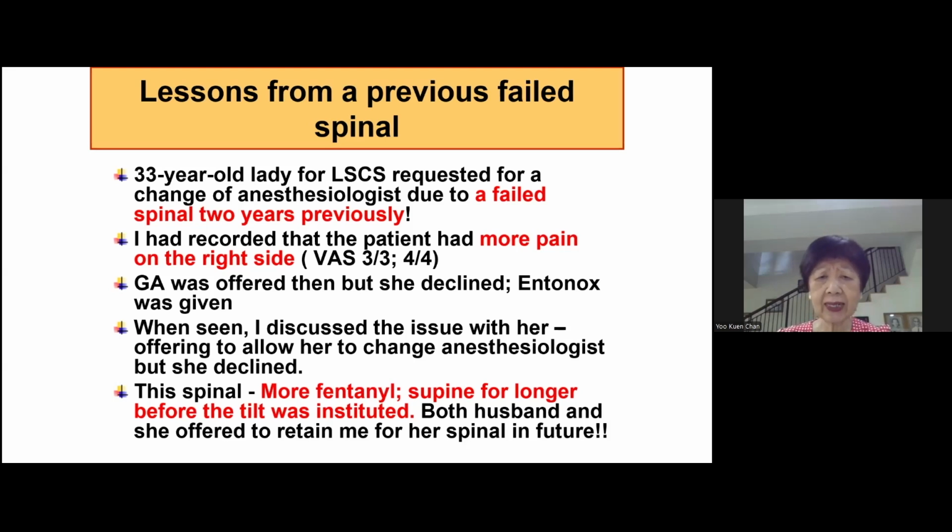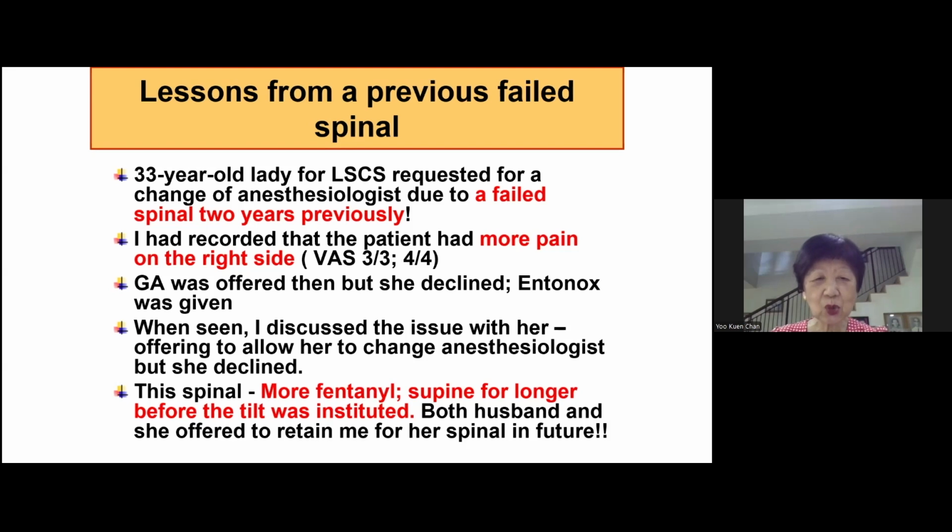When I saw her, I discussed the issue with her and said, look, we do have another anesthesiologist whom you can use, and I'm happy to get her for you. But she declined. And that was the worse of the two offers, because it then made me feel that I have to do a better job. And if not, I'll be defined as a total disaster.